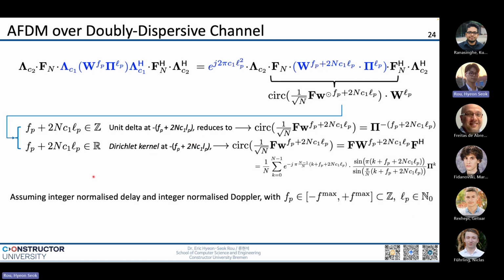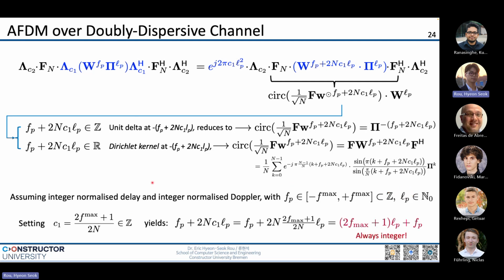And now when we assume the integer case, so just the first part, and the Doppler is limited to the maximum Doppler and the minimum Doppler as f max, which are also integers, and the normalized delay is of course also an integer. We can set C1 to be this value, 2 f max plus 1 over 2n, and this actually comes directly when we input this C1 parameter into this Doppler shearing factor.